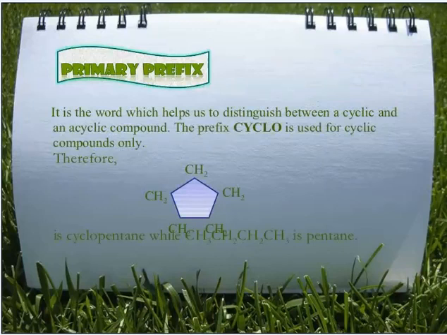The prefix cyclo is used for cyclic compound to distinguish between cyclic and acyclic compound. If we look to the example, we see cyclopentane. The difference between cyclopentane and normal pentane is that normal pentane is open chain, while cyclopentane is cyclic chain.